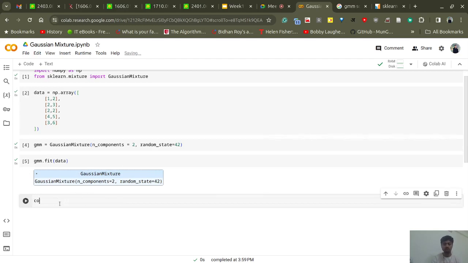So now we have to find the coefficient. How to find it?